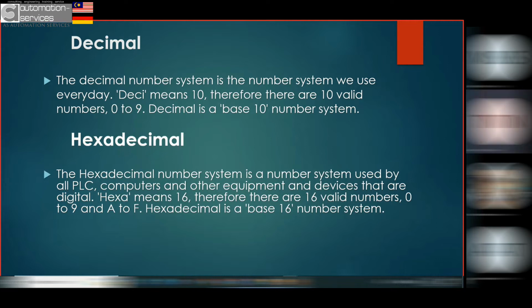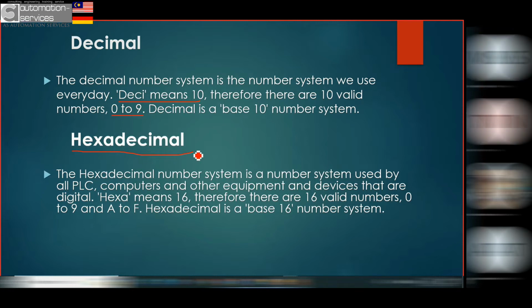Decimal is the number we use every day. Decimal is base 10, so it is 0 to 9, then continues 10 to 19, 20 to 29. Then we have hexadecimal, which is mostly used in computers, PLCs, and other digital devices.